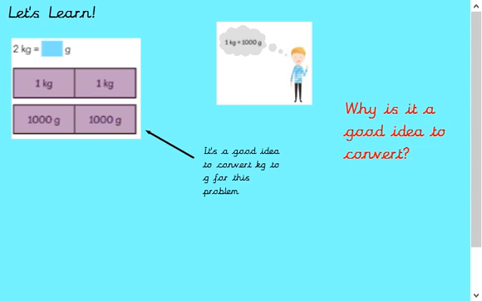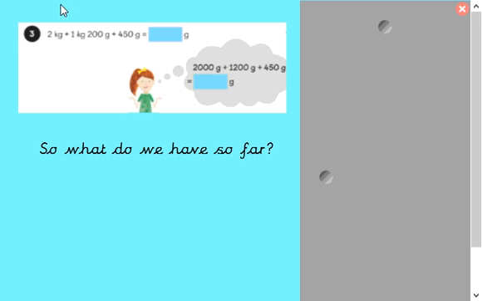Now, what I'm saying here is that if we're going to add these together, we need to turn them all into the same unit of measurement. So I'm going to suggest turning them into grams. 2 kilograms we know is the same as 2,000 grams, okay, which we have there. 1 kilogram, 200 grams we've just shown is the same as 1,200 grams. And then finally, we've got 450 grams.